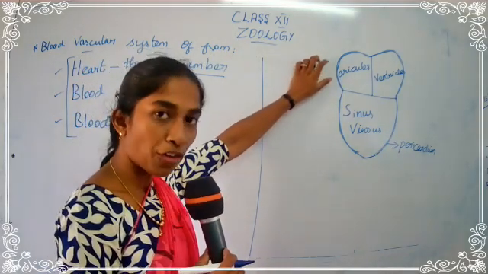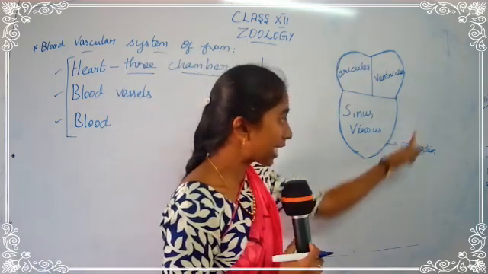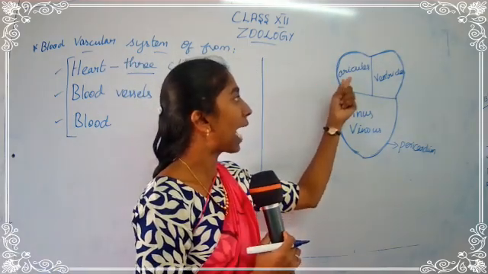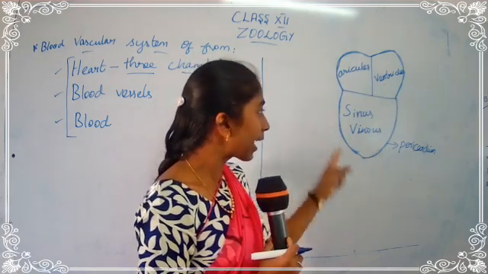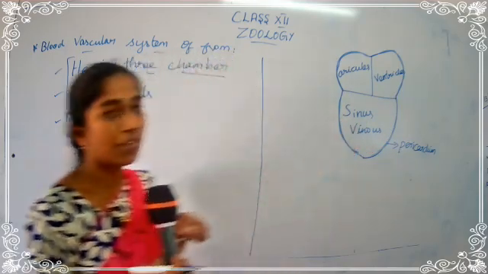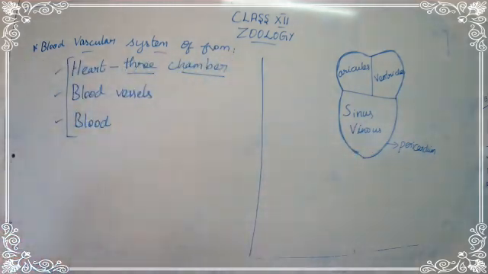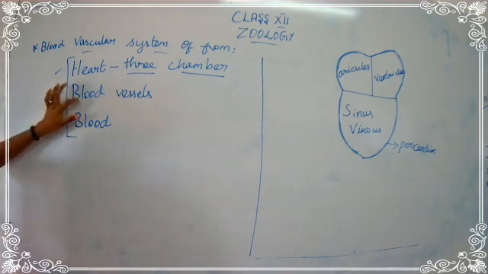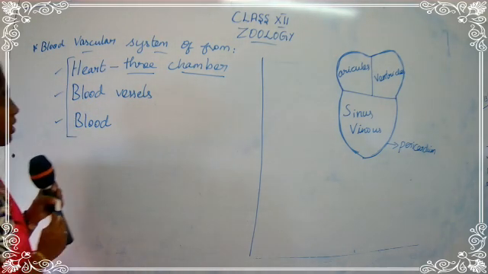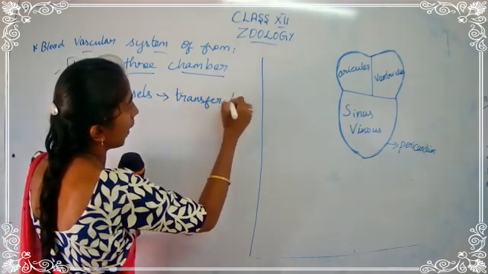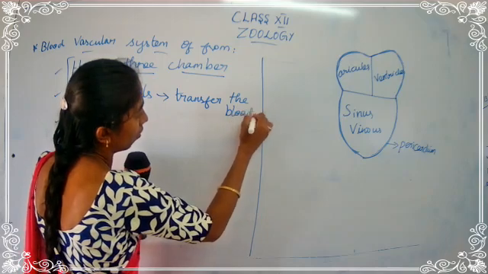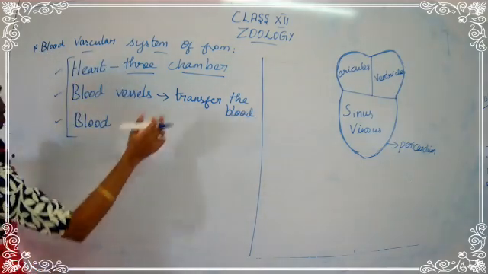The heart of the frog is divided into three chambers. The anterior chamber is called auricles and the posterior chamber is called ventricles, and again the triangle chamber is called sinus venosus. Okay. And then the blood vessels, as I already said, help to transfer the blood all over the body.